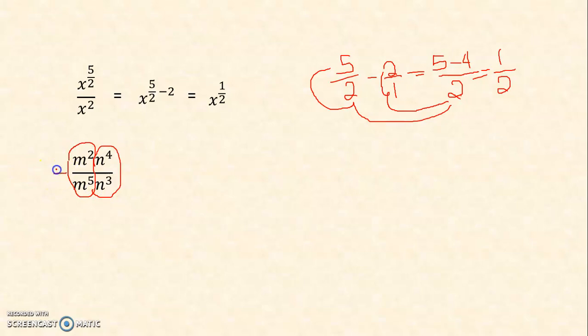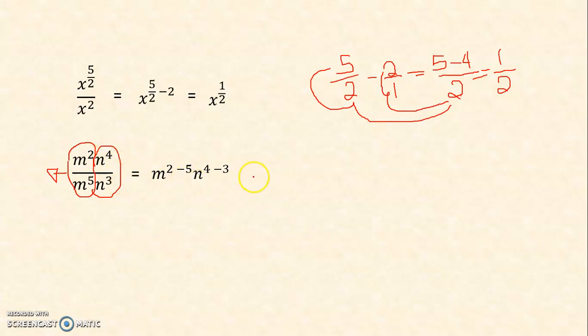Again, the operation is still division, so all you need to do is subtract the exponents. So you have m raised to 2 minus the exponent, which is 5. Do not begin with 5; you should start at the numerator. Then for n, the exponent is 4 minus 3.